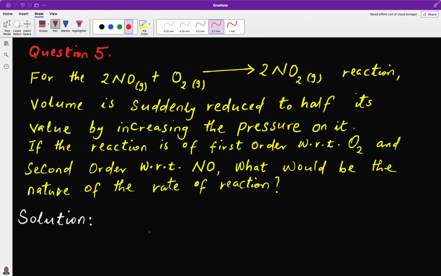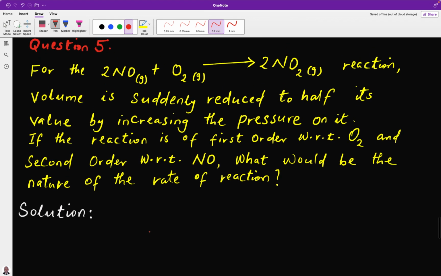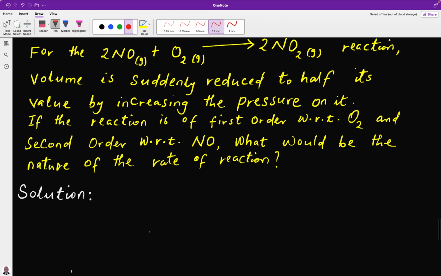Reducing the volume of this reaction. So the first thing is, since they are looking for the rate of reaction, let's write the rate of a reaction.